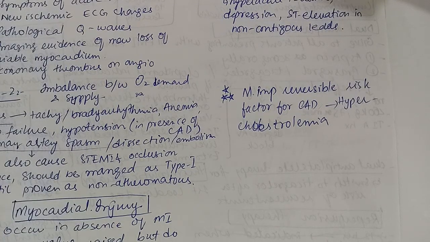You can also check the ECG changes and the different ECG patterns of MI like STEMI, inferior MI, anterior wall MI and posterior MI. I have covered these in my ECG rhythms video. You can check that out.